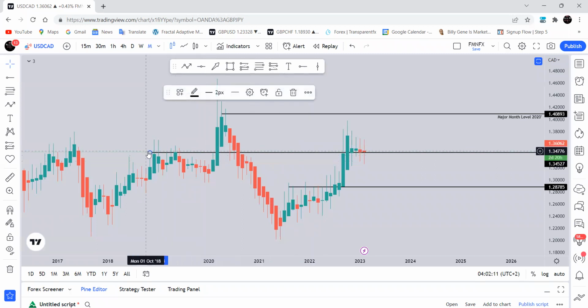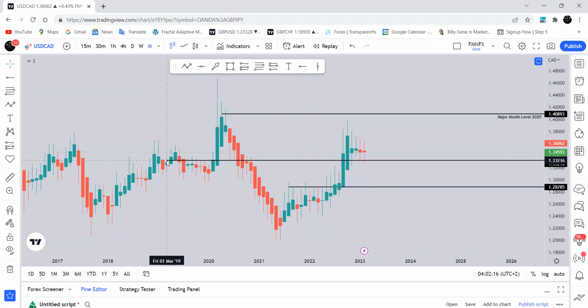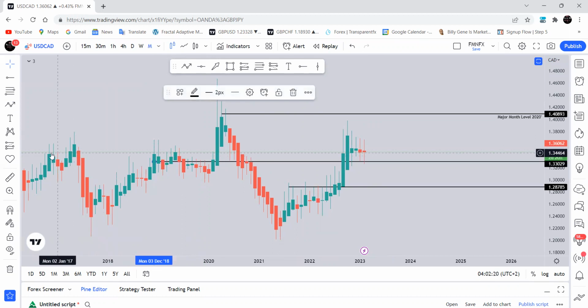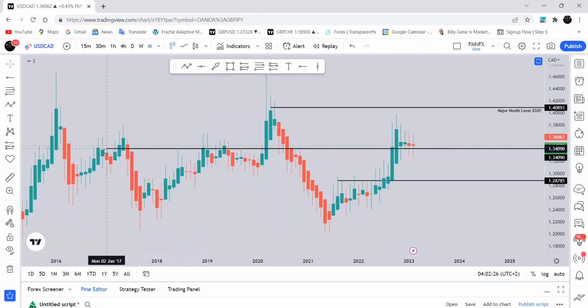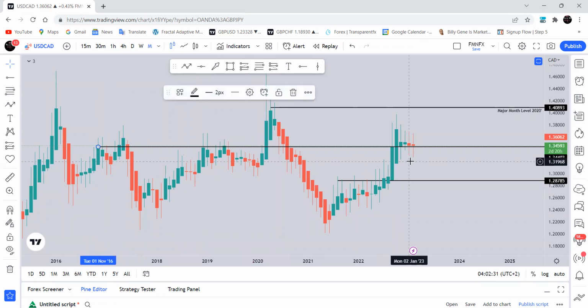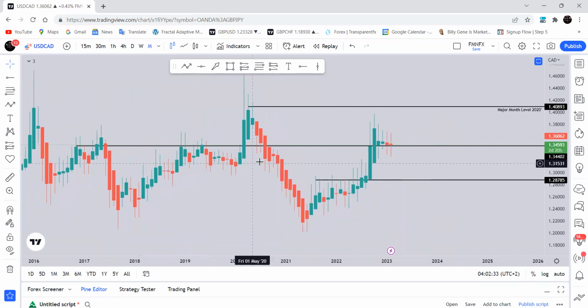Obviously on the lower time frame, these wicks are candles. I guess we can cut right through, but look at that. This one's a little tricky. Want to try to get our levels accurate. Okay, that's fine.